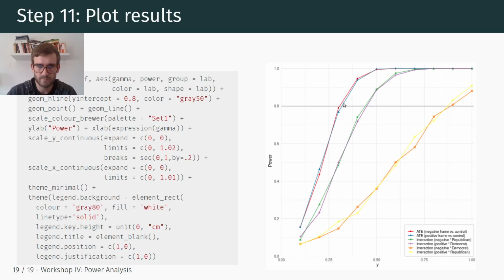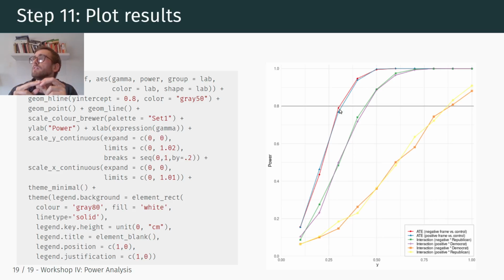The important point is that for these varying levels of this treatment effect, power of course decreases as our gamma approaches 0, and we can see given this framework that we set up, down to a gamma of around 0.3, we have a sufficient power of around 80% or just under 80% to basically identify the main treatment effect among independents, essentially, right?